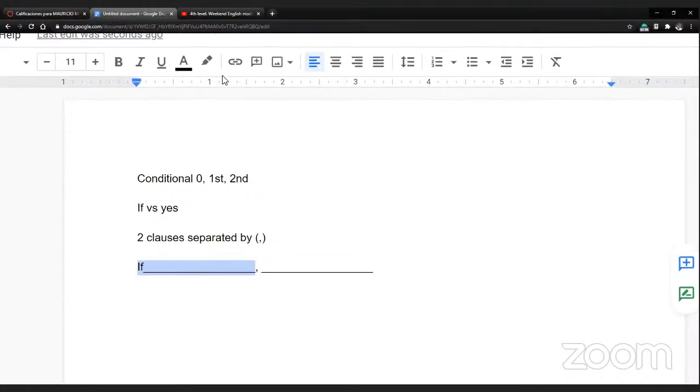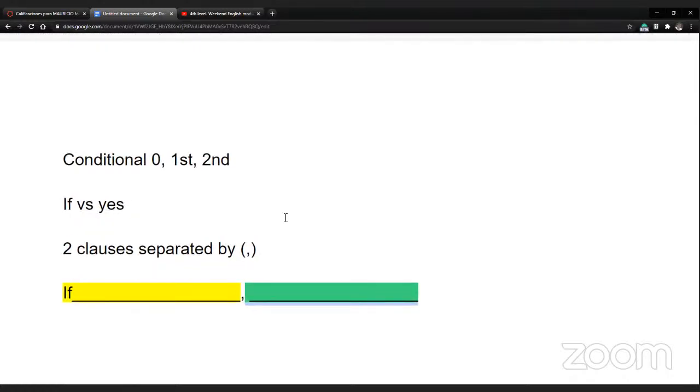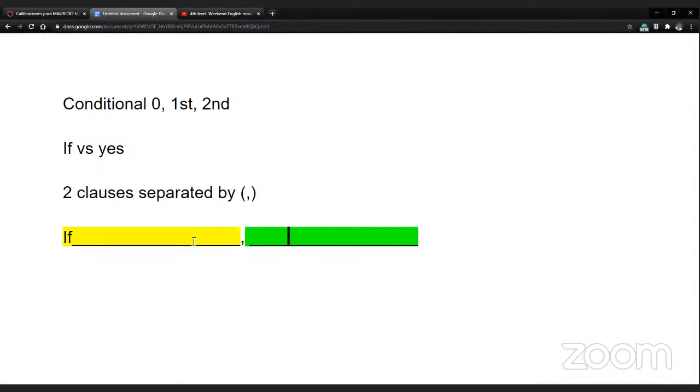This is clause number one, and let me get another color for this one. There you go. The clause in yellow color is called main clause. Or conditional, sorry, conditional.